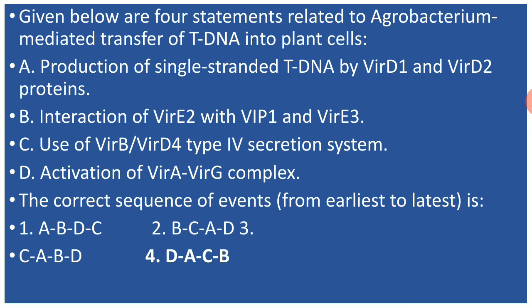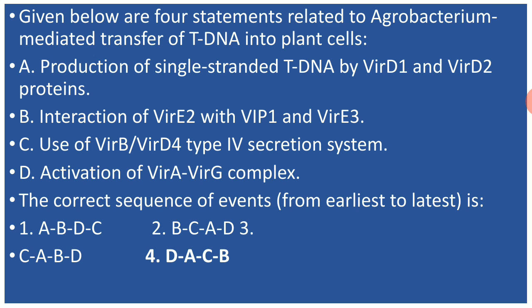Given below are four statements related to Agrobacterium mediated transfer of T-DNA into plant cells. Production of single stranded T-DNA by VirD1 and VirD2. This question was from December 18. Interaction of VirE2 with VIP1 and VirE3. Use of VirB1 to VirD4 type of secretion system. Activation of VirA and VirG complex.